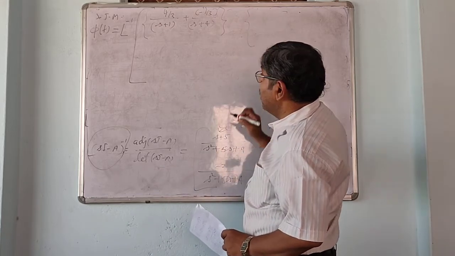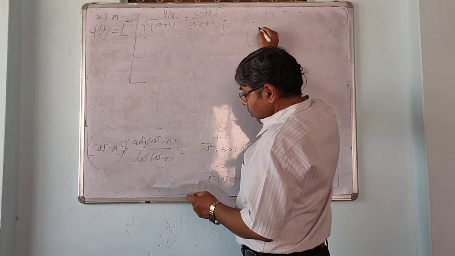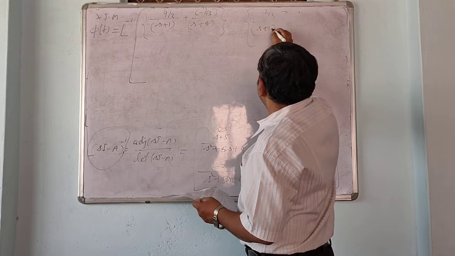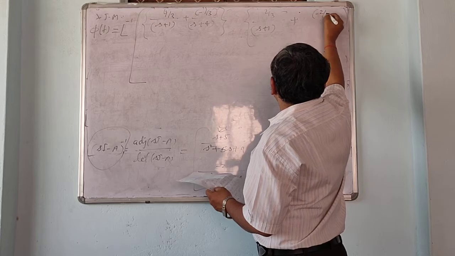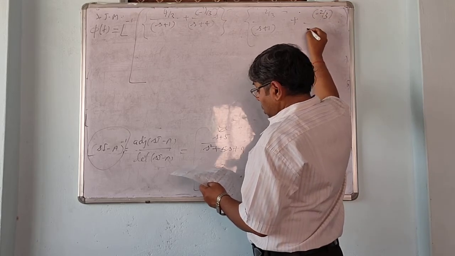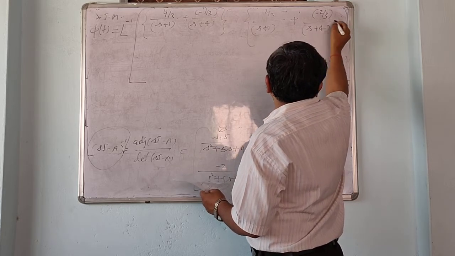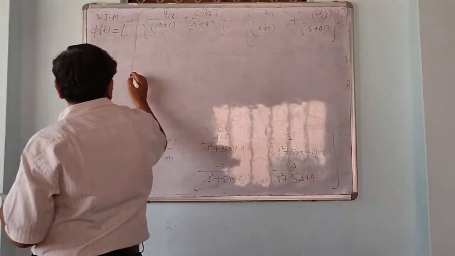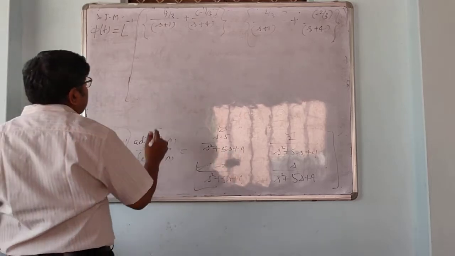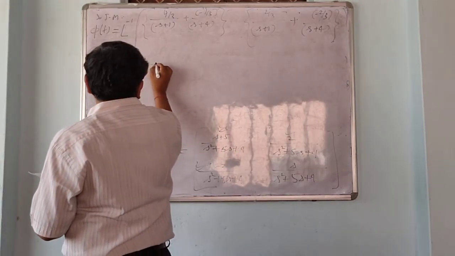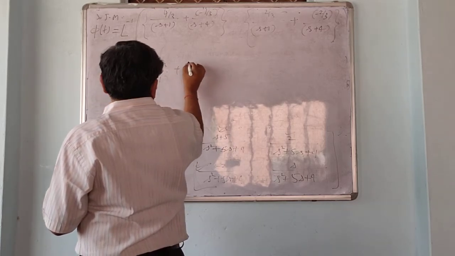And for the second term, after taking the partial fraction, you will get 2 by 3 upon s plus 1 plus minus 2 by 3 upon s plus 4. For the third term, we will get two constants, minus 2 by 3 and plus 2 by 3.